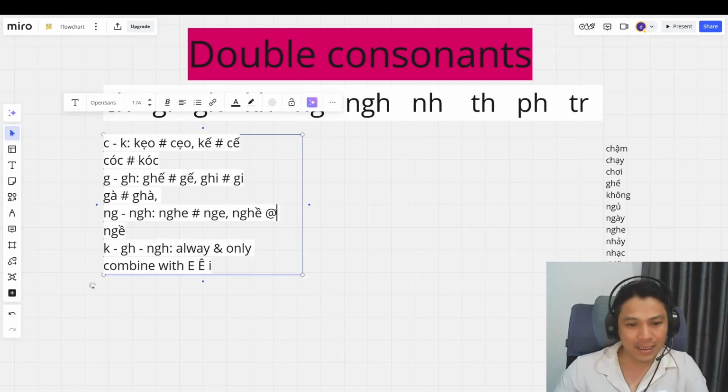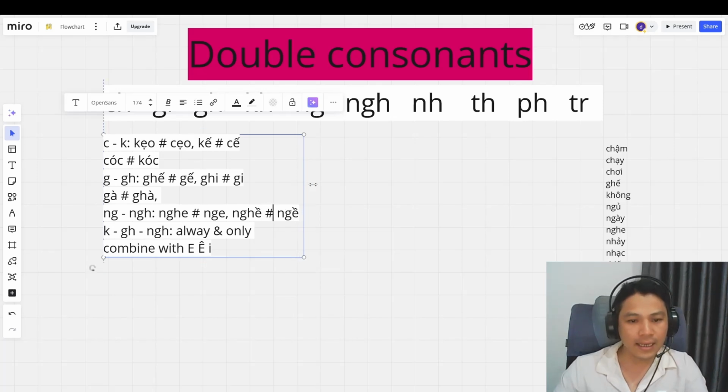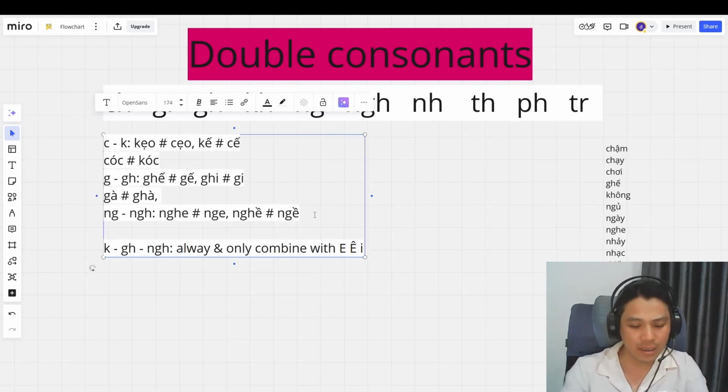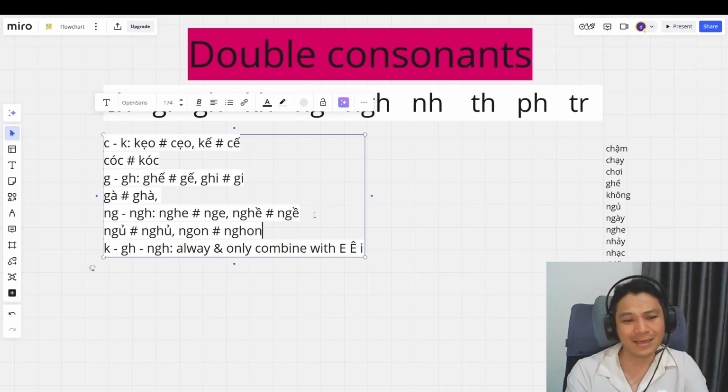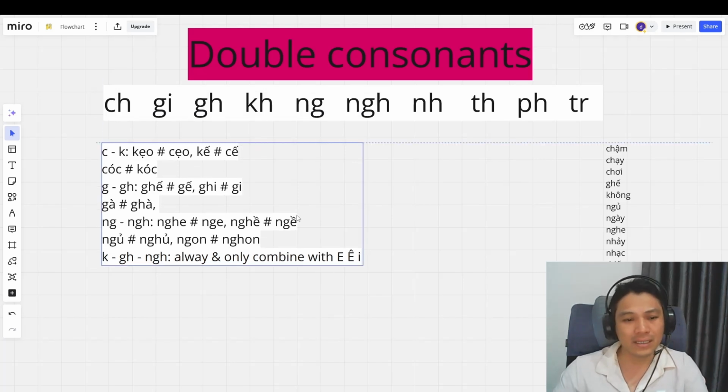And with this word ngủ, it means sleep. We don't write like this, it's wrong. Or ngon, it means delicious. We never write like this. All right? And this is the rule of the consonant.